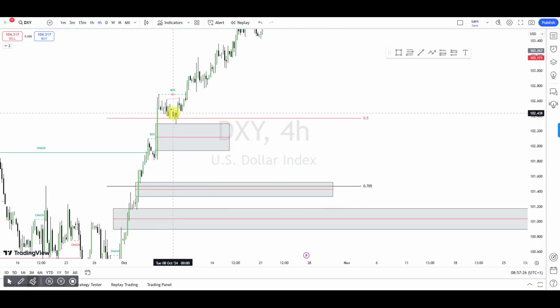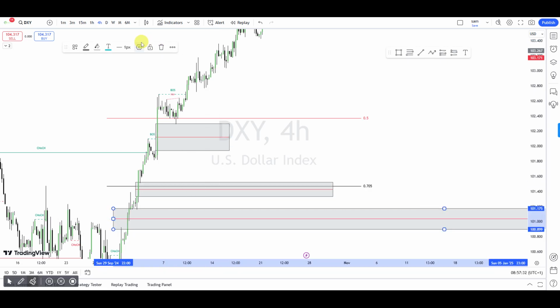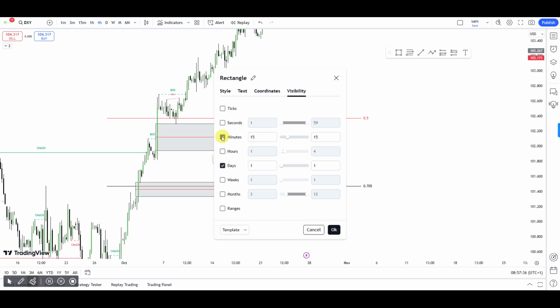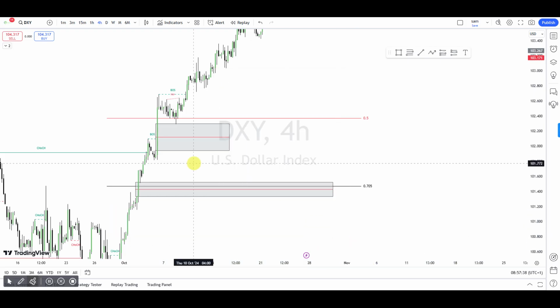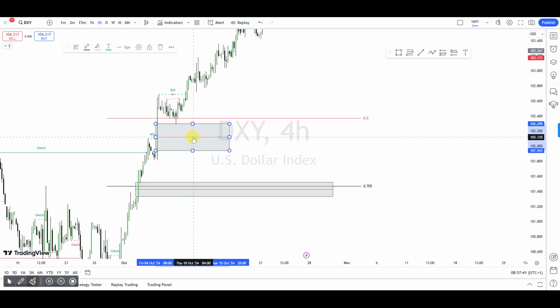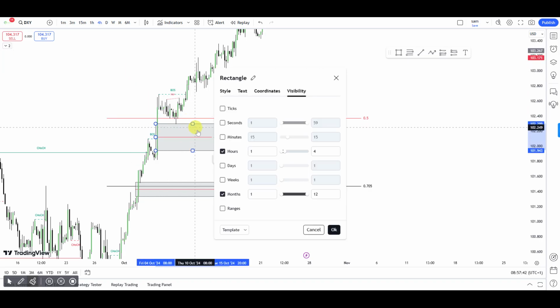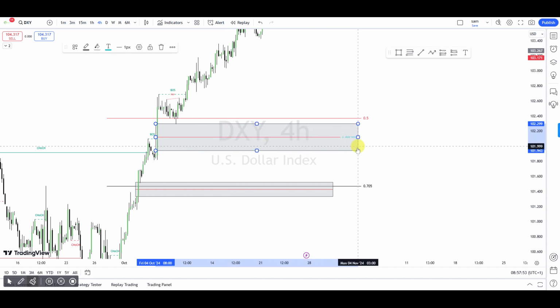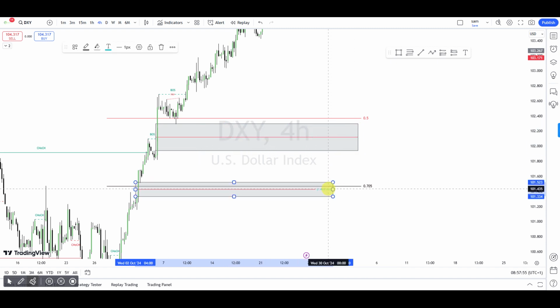The zone is in. This is refined. I'll take these two out. So this can stay till 15 minutes. Why?